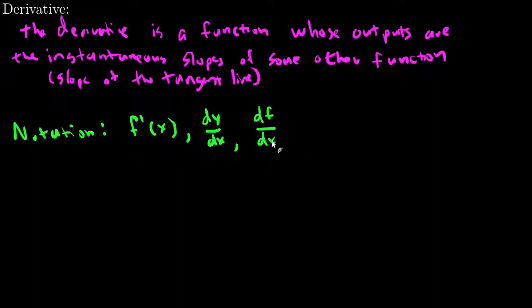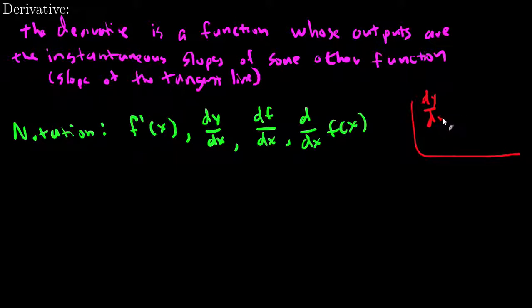I could also write it as d dx of f of x. And these all are ways to show a function that represents the instantaneous slopes of the f or the y function. Now, something to point out here, this dy dx notation comes from our slope, so dy dx comes from slope, which is delta y over delta x.